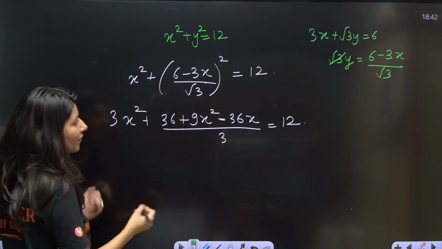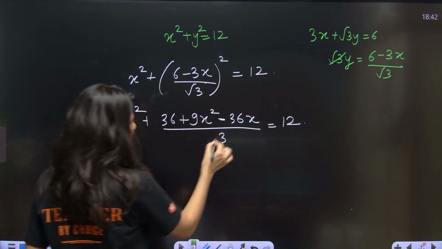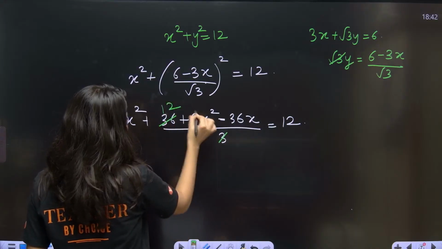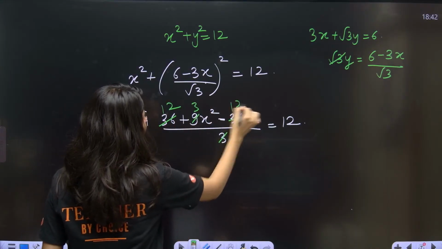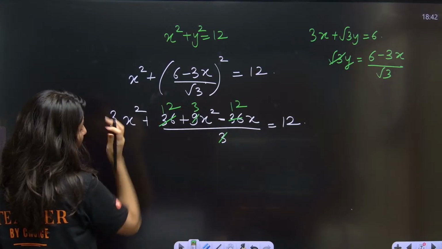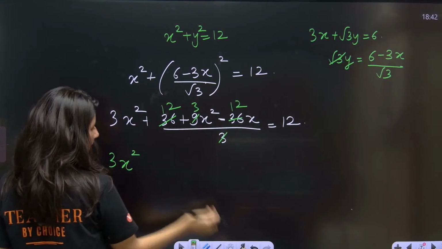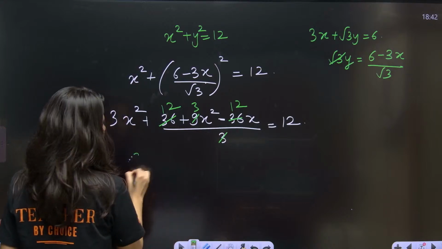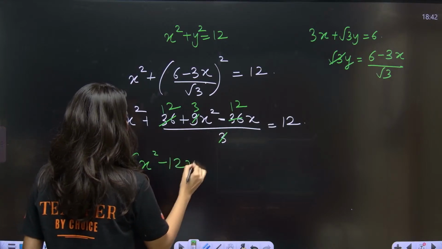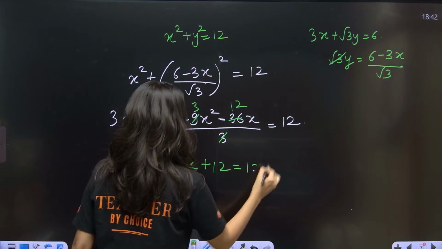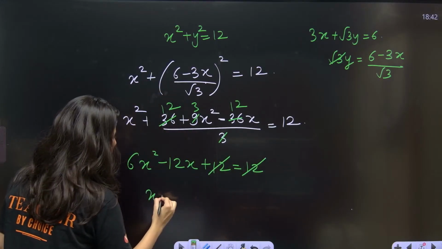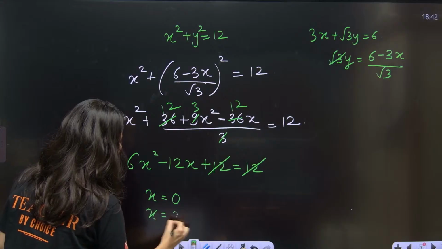Let's keep solving it. One thing I am realizing is that 3 12s are, 3 3s are, 3 again 12s are. So this is going to give 6x square minus 12x plus 12 is equal to 12. Clearly x is going to be 0 and x is going to be 2.